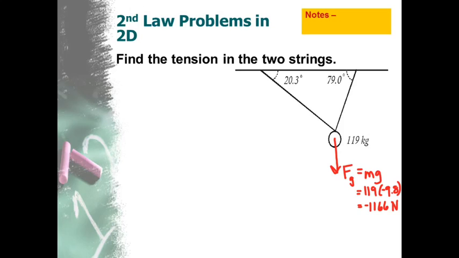I also have, I'm going to bring this up a little bit here, just so it meets these two ropes right there. So we have a tension force in this direction.